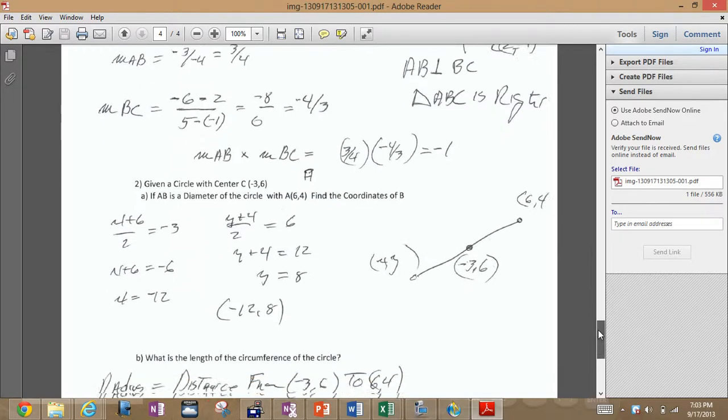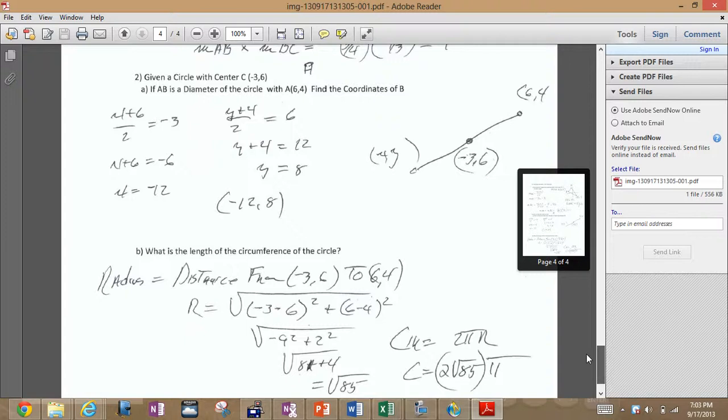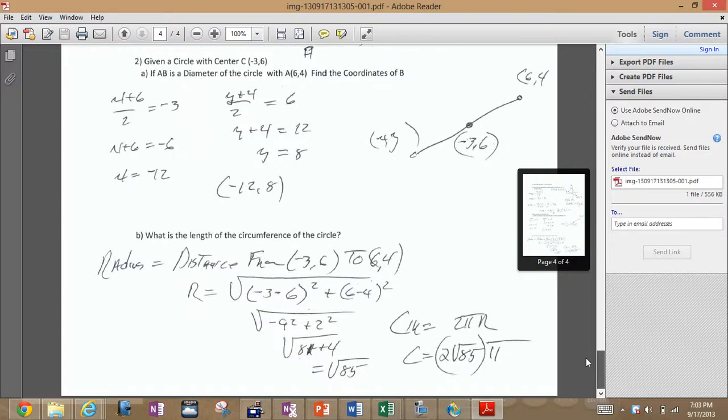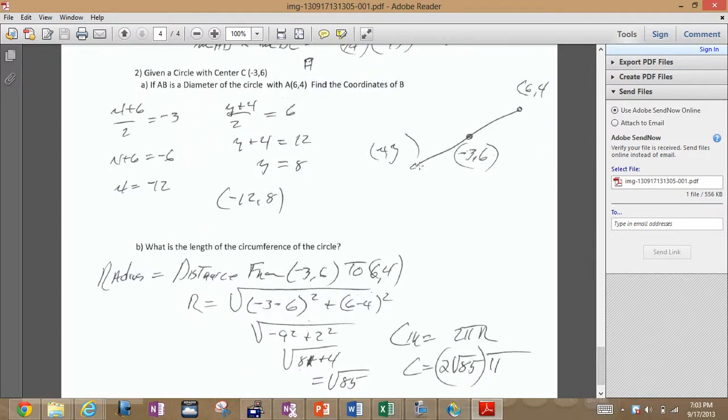And lastly, the distance formula. So applied to this problem up here, what is the length of the circumference of the circle? Geometrically, circumference is 2 pi r.